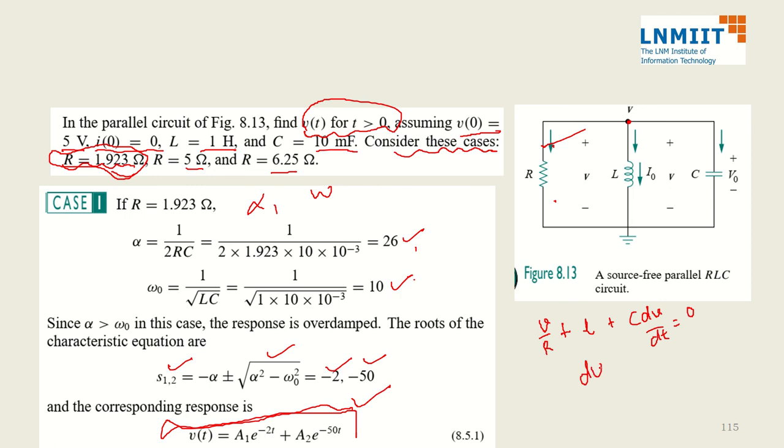That means what is dV by dt? dV by dt is V by R plus I, everything with a minus sign, divided by C.